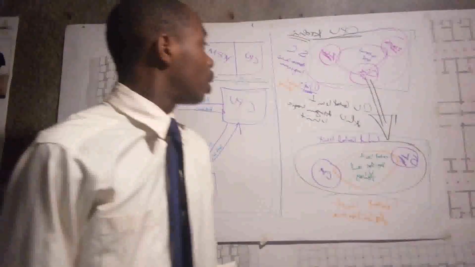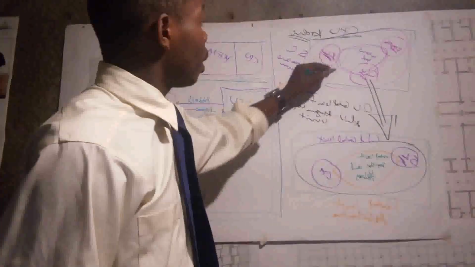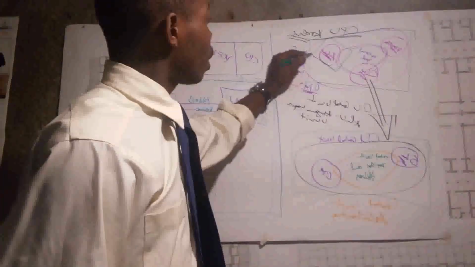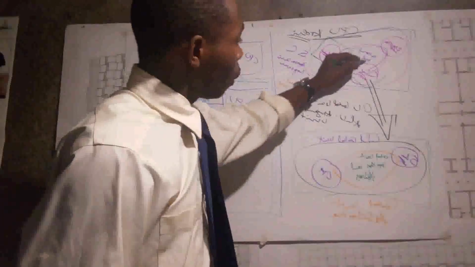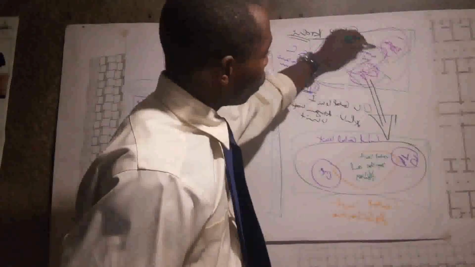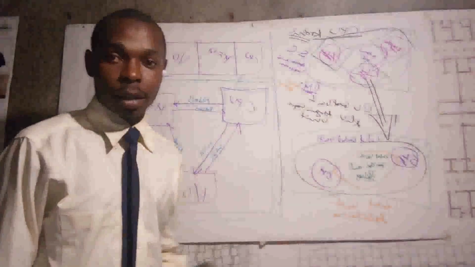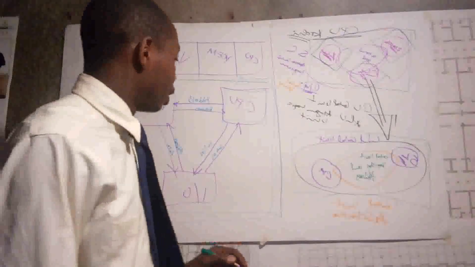So our next course is to define the ALU. After defining the control unit, in the second course we define the registers.